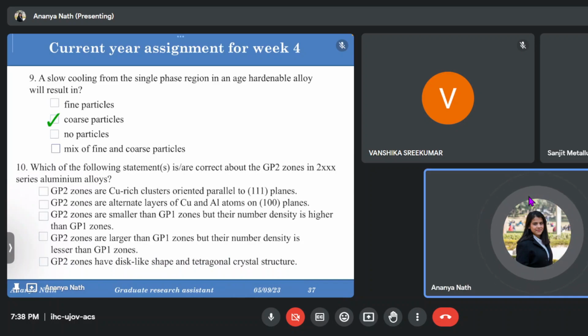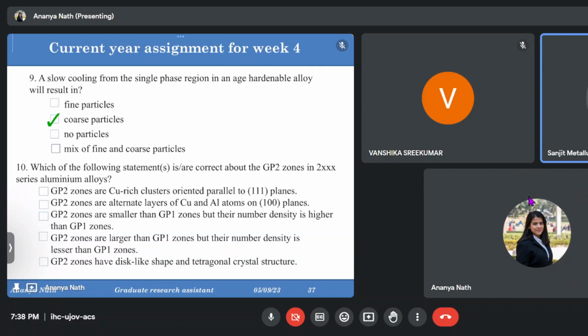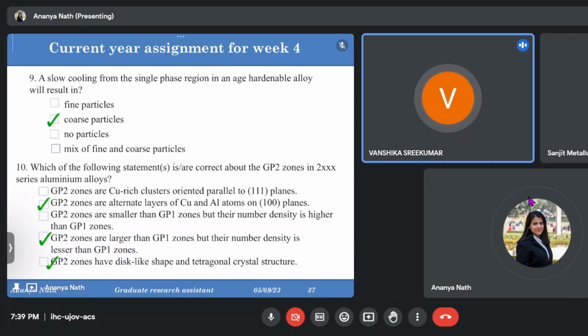Which of the following statements are correct about GP2 zones in 2000 series aluminum alloy, which is theta double prime? Option B is correct. I guess the last and the second last as well.